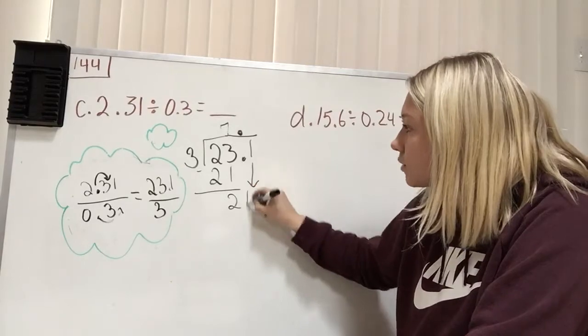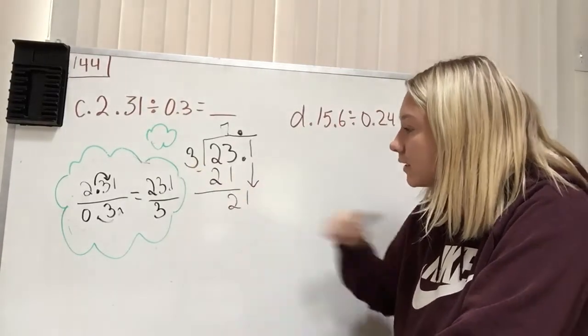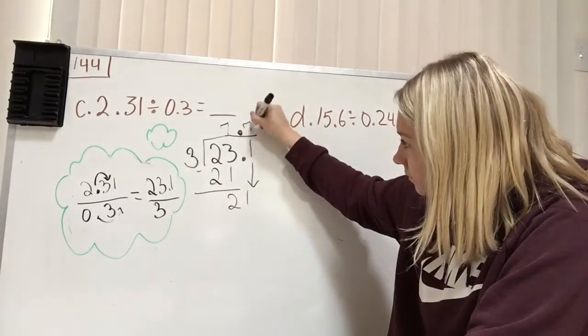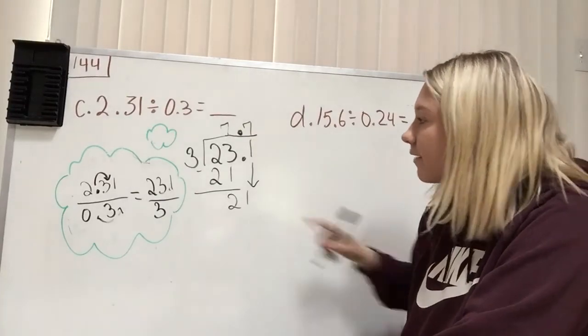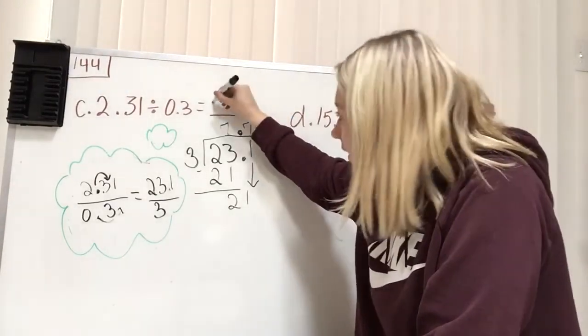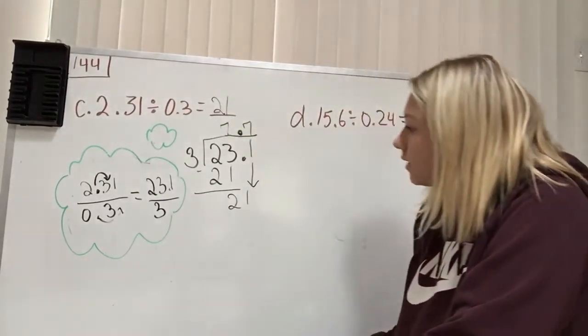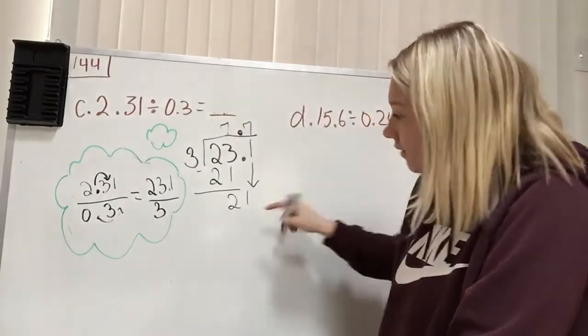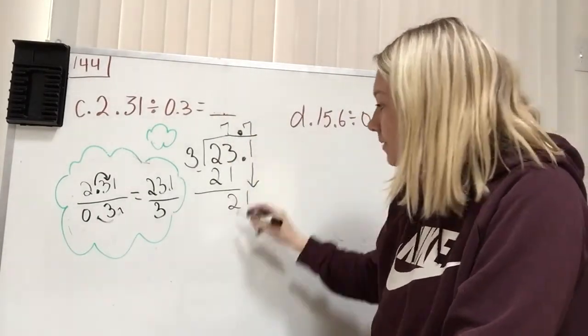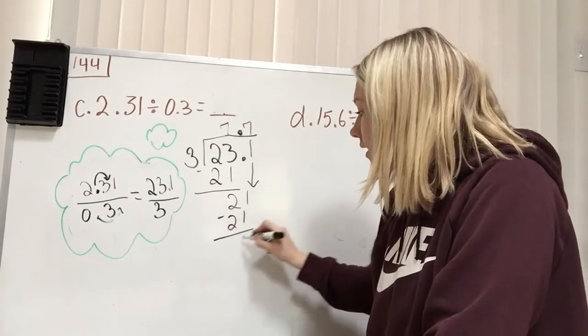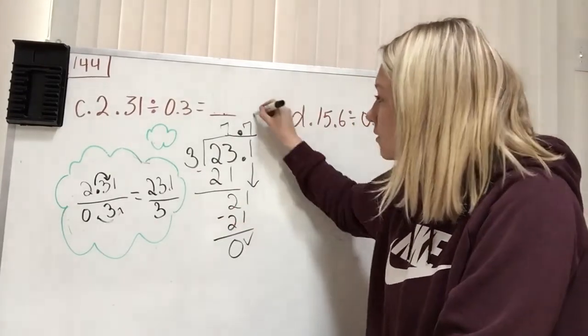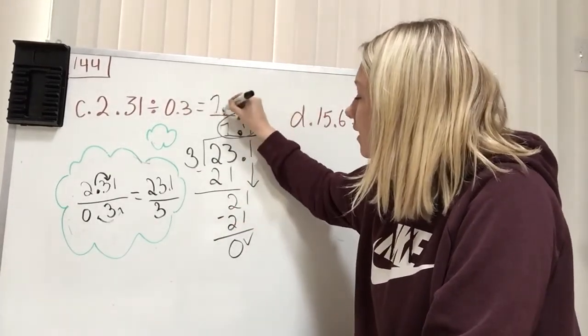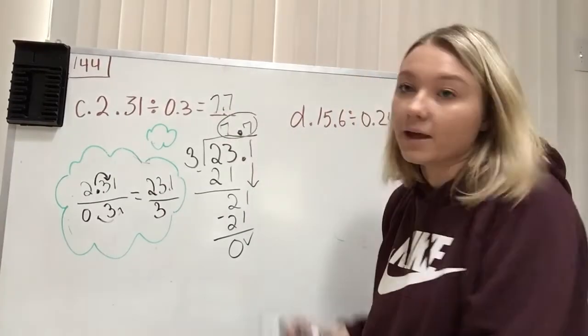So I'm going to bring down this 1. How many times does 3 go into 21? 7 times. 3 times 7 is 21, okay? Oh, sorry. Whoa, Miss Sullivan, this is not our answer, because 3 times 7 is 21, and 0 is our remainder, which means our answer is 7 and 7/10, okay?